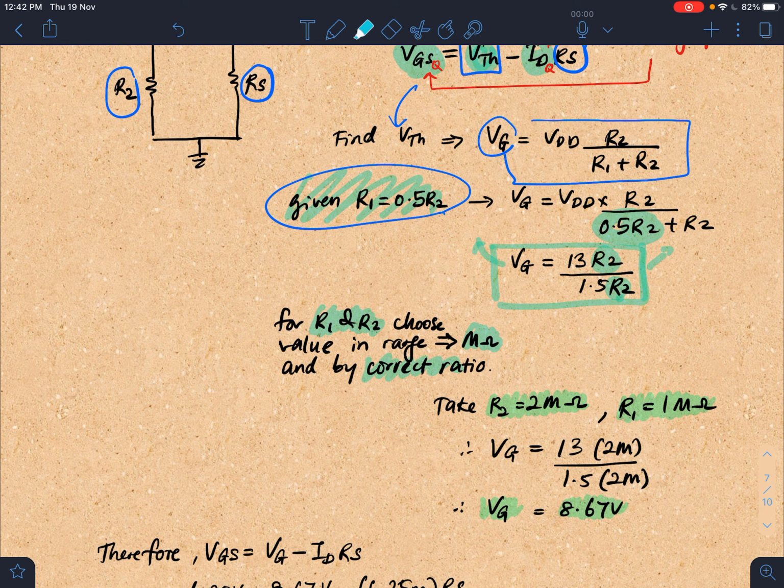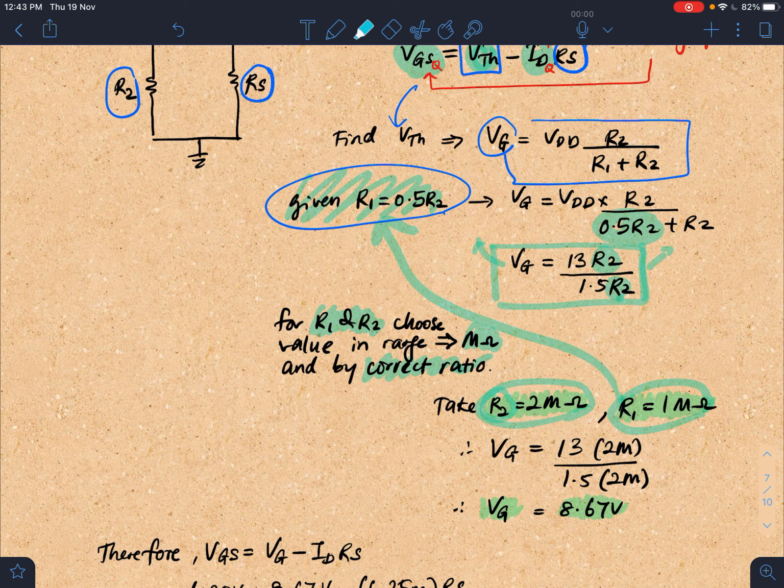So here I take R2 as 2 megaohm and R1 becomes 1 megaohm. I must use this ratio because R1 must equal 0.5 R2, as given.